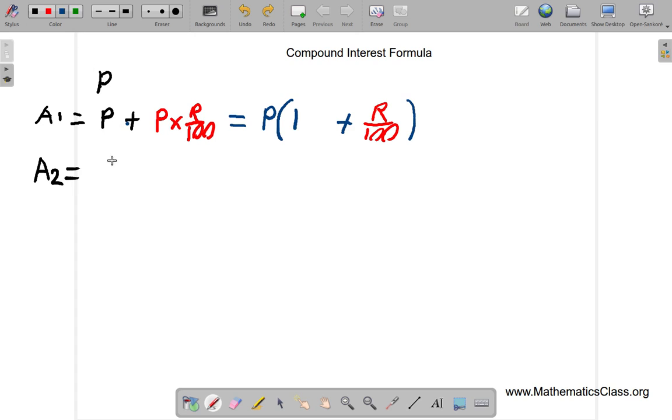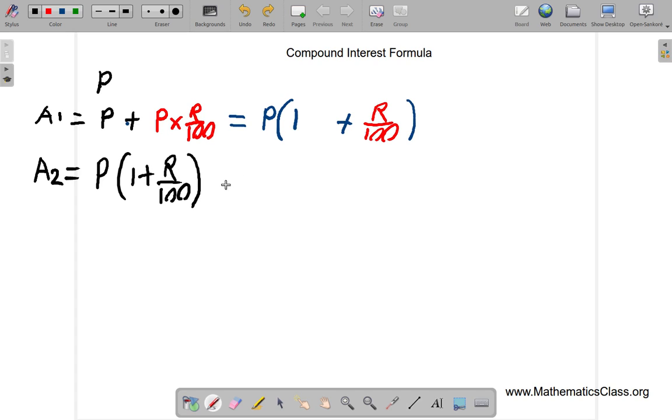That money was P, 1 plus R over 100. That is what we had a while ago, just before we got paid in interest.